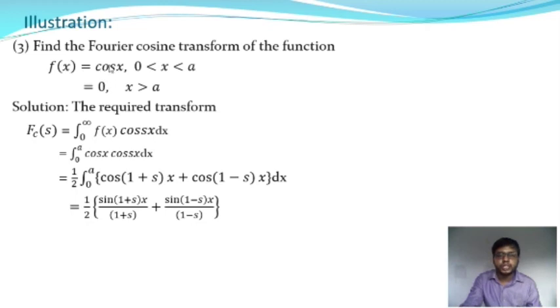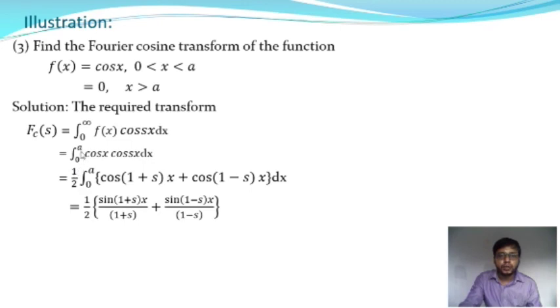In the interval 0 to a, it is cos x, and in the interval x greater than a, that means a to infinity, the functional value is 0. So the function f(x) is piecewise continuous. Therefore the integral is divided into two parts. The first part is the integral from 0 to a of f(x) cos(sx) dx, and the second part is the integral from a to infinity of f(x) cos(sx) dx.